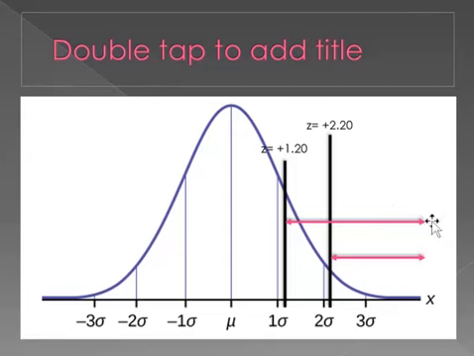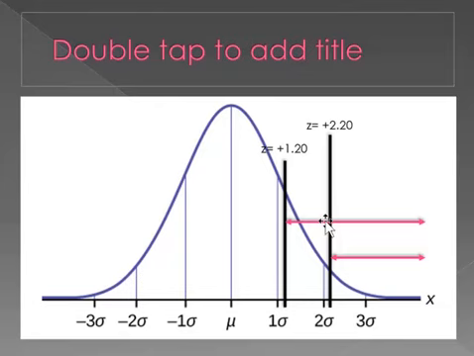And here's the trick. If I find those 2 proportions, I'm going to be looking in the tail column here, obviously. If I subtract this one, which is the smaller of the proportions, from this one, which is the largest of the proportions, I cancel out these areas, and I'm left only with the proportion that falls between these 2 values.